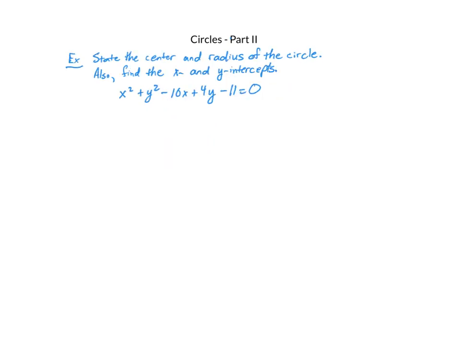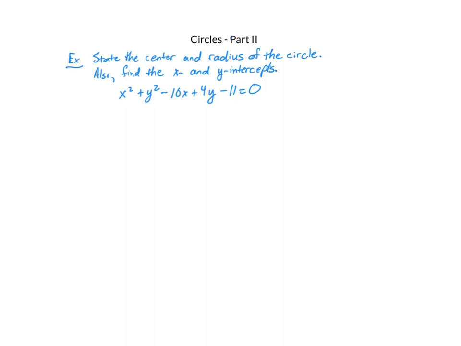For this next example, we'll find both the center and radius and the x and y intercepts for this circle. Our equation is again in general form, x squared plus y squared minus 10x plus 4y minus 11 equals 0. Let's begin by putting it into standard form so that we can state the center and radius.